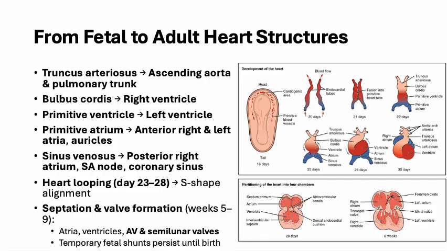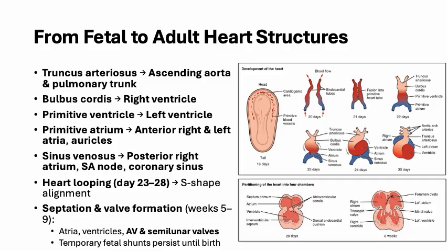Around day 23, the heart tube folds into an S shape, a critical step in correctly aligning the atria above the ventricles and establishing the final topography of the heart. Finally, from weeks 5 through 9, we see the formation of the interatrial and the interventricular septum, which divide the chambers. This is also when the atrioventricular valves and the semilunar valves develop.